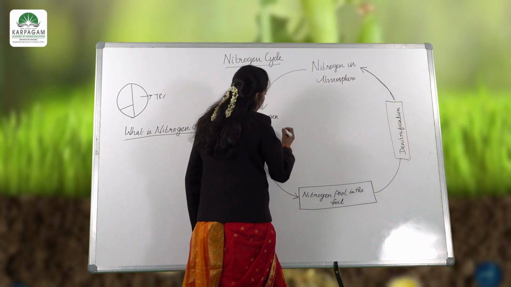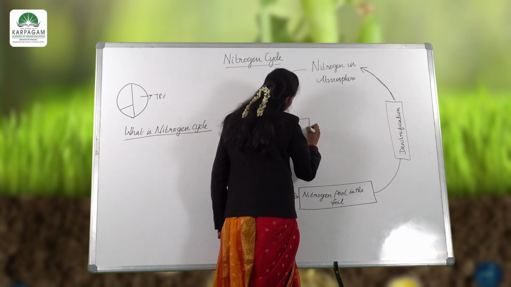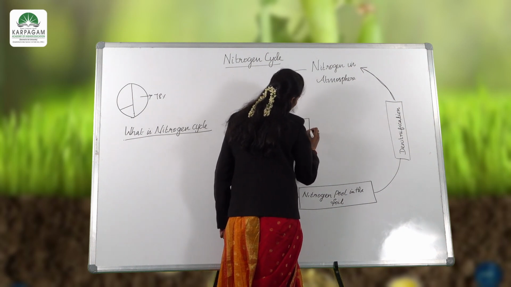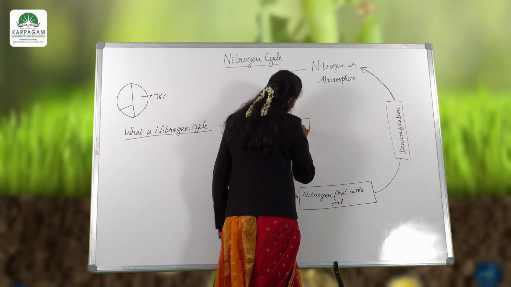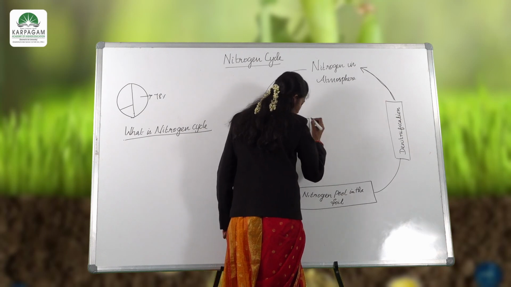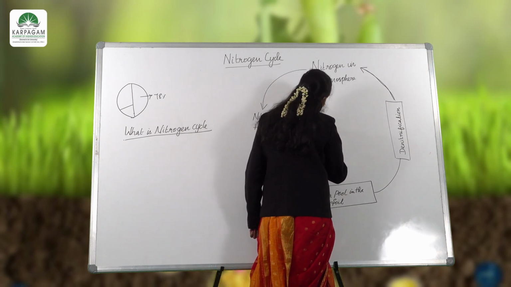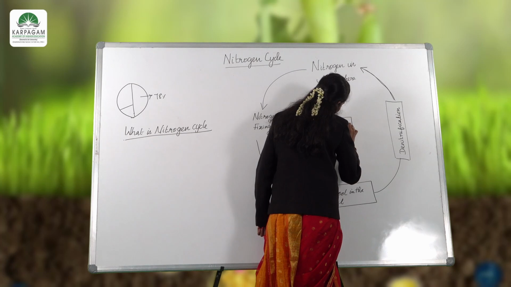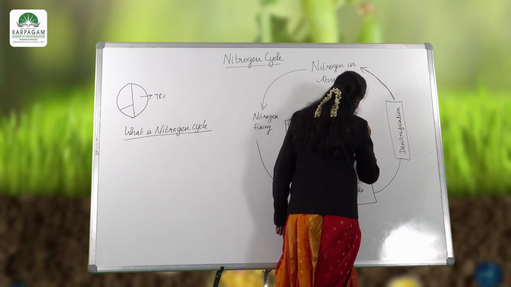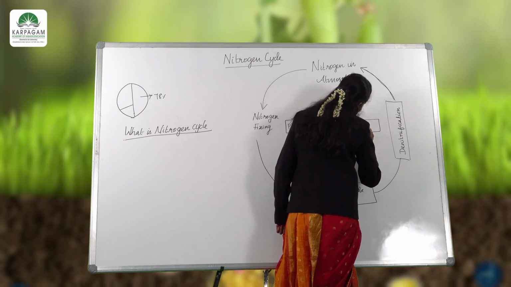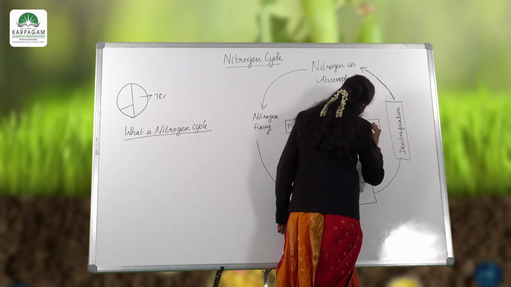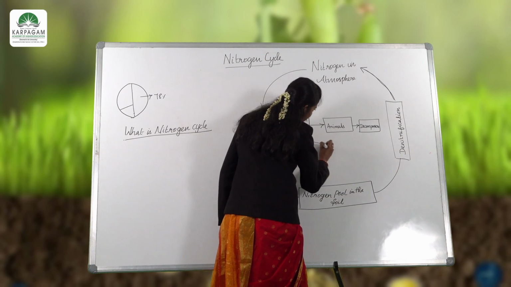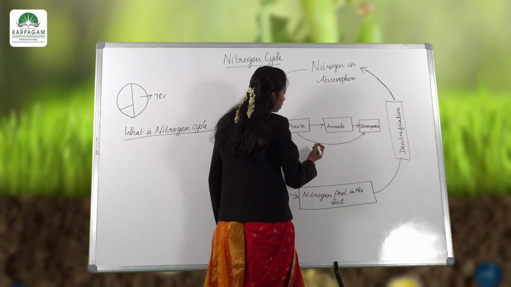The next thing is a common point that we have discussed in all the cycles, that is we have plants. These plants will be taken as food by animals, and always we have decomposers, and these decomposers act on the dead plants and the dead animals.